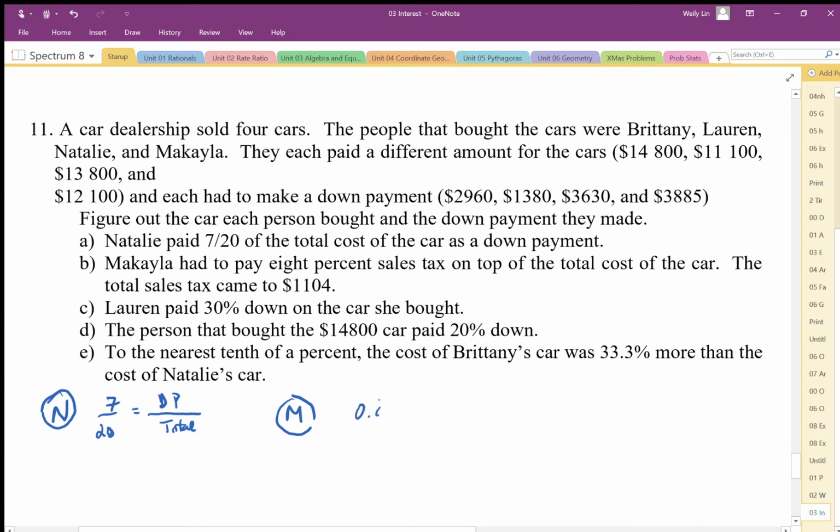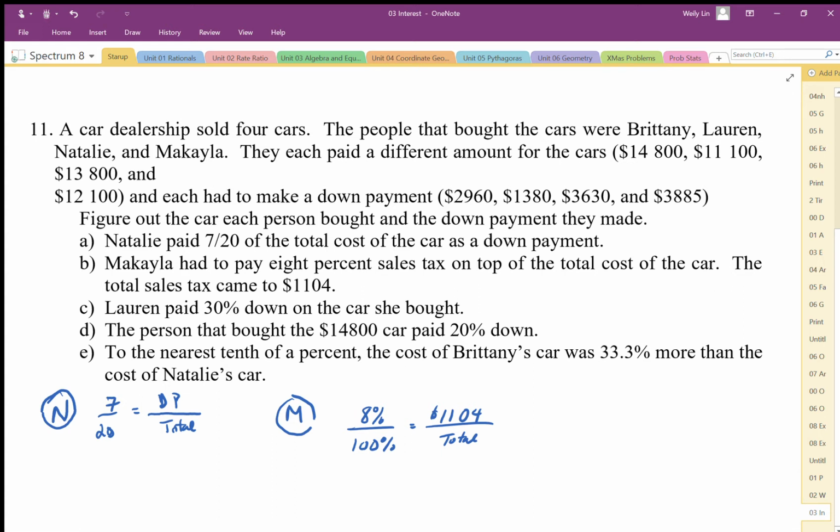I'm going to write 8 out of 100%. We know that the 8% relates to 1104, and so we could figure out the total cost.